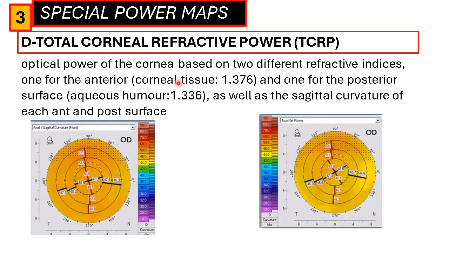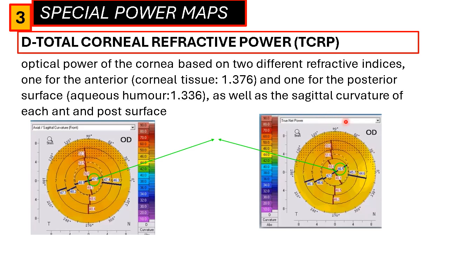That's why it cannot be used in standard intraocular lens implantation, because there is a difference between the sagittal map that measures the anterior surface only, and the total corneal refractive power, which measures both the anterior and posterior surface. As you can see here, for example, if you look at this spot, the power of the cornea is 47 on the sagittal map, however in the total corneal refractive power map it is 46.